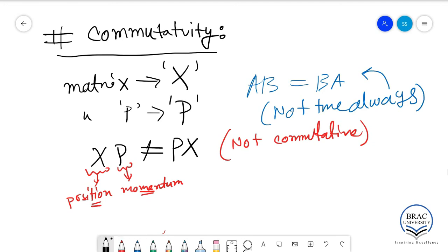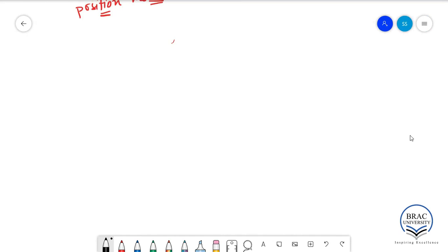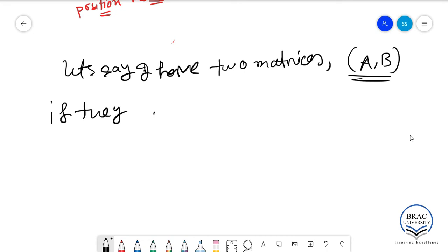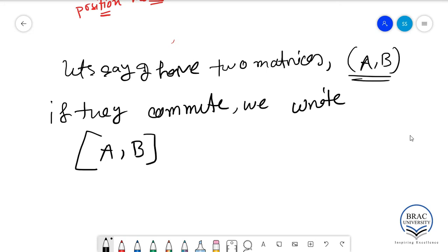There is a way we can denote whether two matrices commute or not. We use the following notation for that. Let's say I have two matrices A and B. If they commute, we write this. Now you might ask, what is this? This is called the commutator.